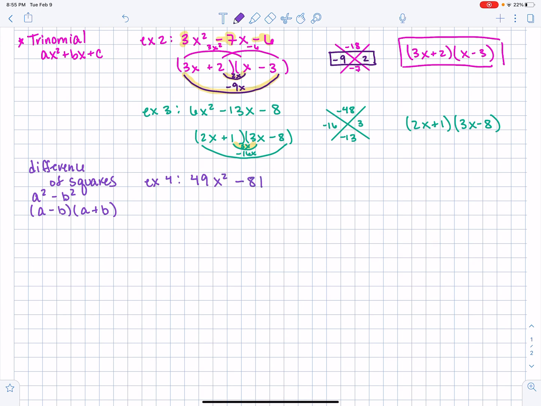And what's special about these is that they're two terms connected by a minus sign, and both of them have a perfect square, meaning that 7x squared gets you 49x squared, and 9 squared gets you 81. So if we're factoring this, it's going to be 7x minus 9 times 7x plus 9.